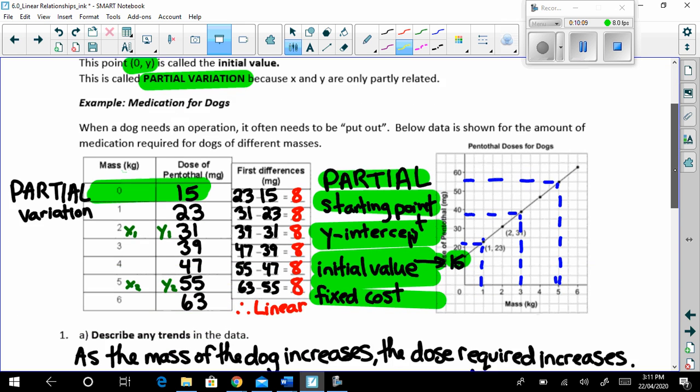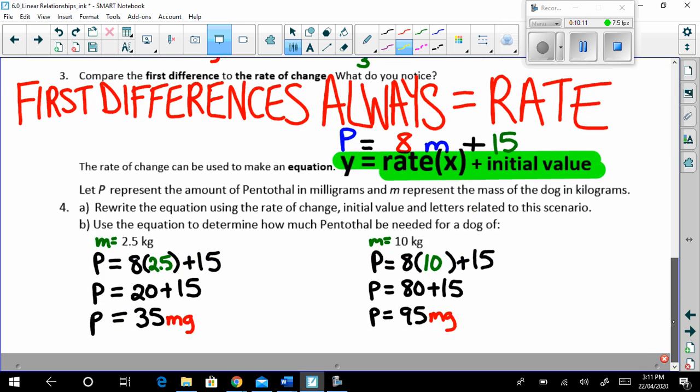When we made an equation, our input is the mass, how heavy is the dog? And so if you input how heavy the dog is, you multiply that by 8 milligrams for every kilogram the dog is, plus the initial 15 milligrams of medicine, then it'll tell you how much pentothal medicine you would need.